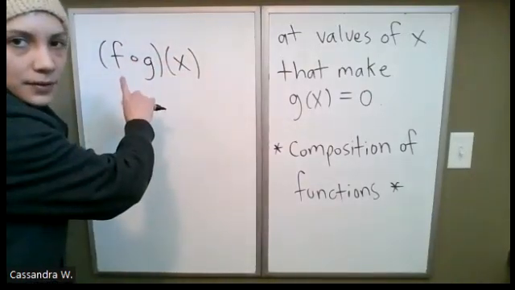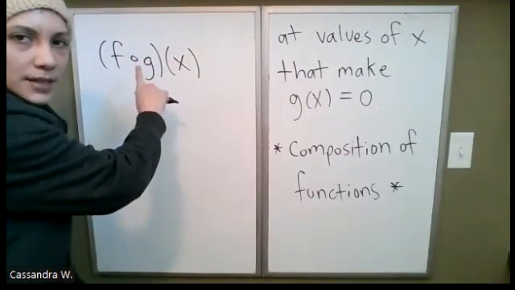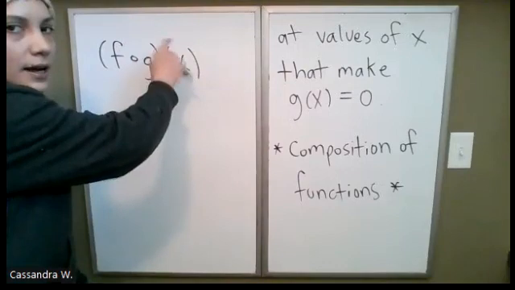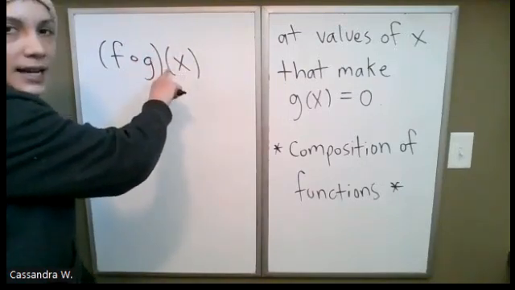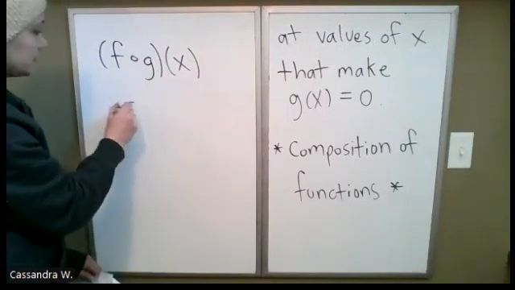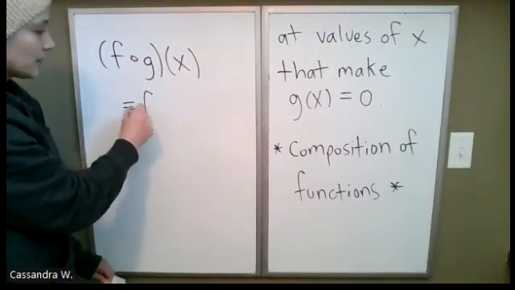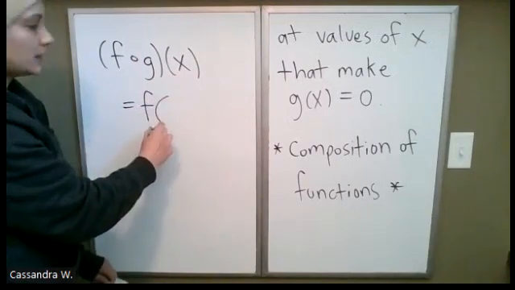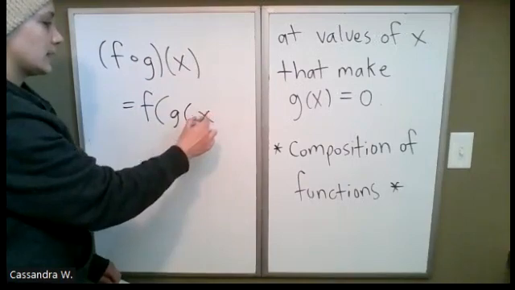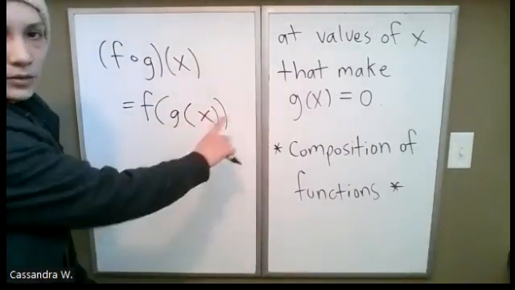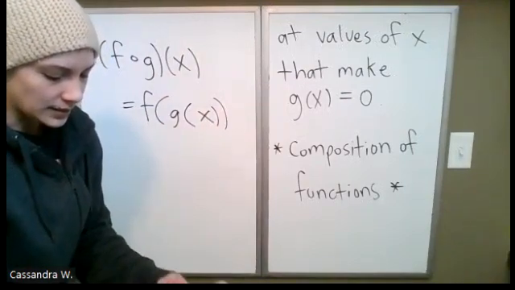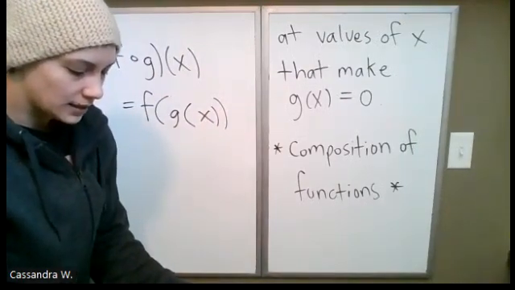So this is f, this is a small circle, of, and then your function g, and then close that, of x is also written as f of g of x, close. Okay. And we're going to do a quick little example.